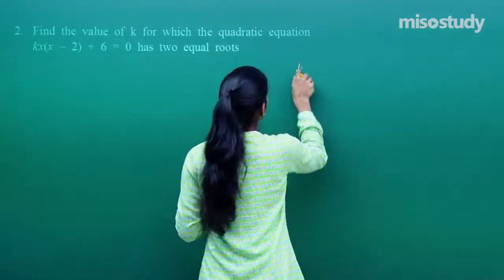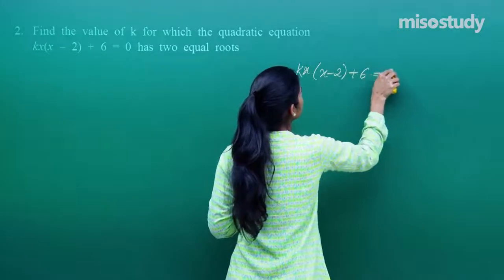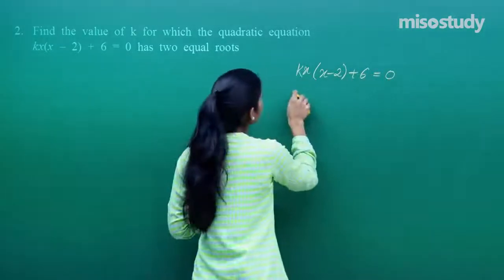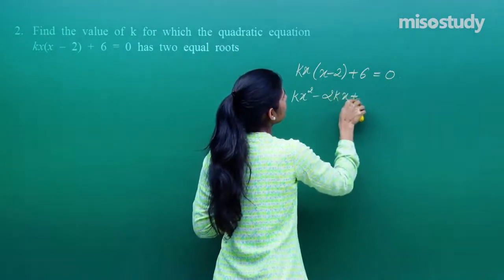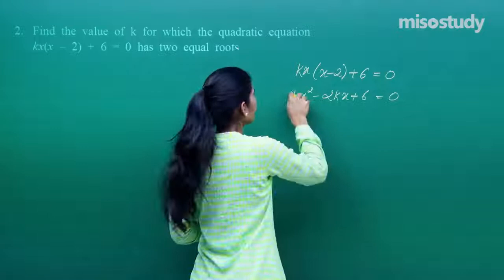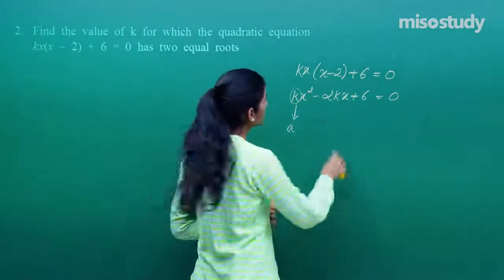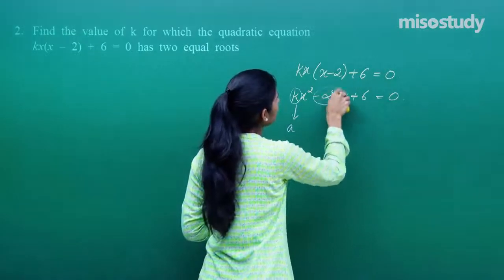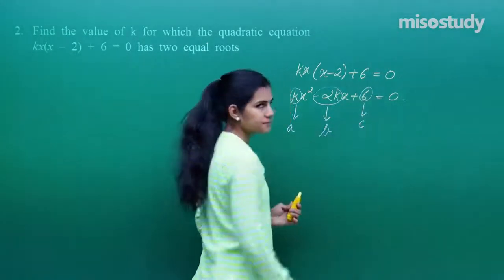So here I have kx(x minus 2) plus 6 equals 0. Simplify, this gives you kx square minus 2kx plus 6 equals 0. Right now you see coefficient of x square is k, so this is a. Coefficient of x is minus 2k, so this is b, and this is your c.